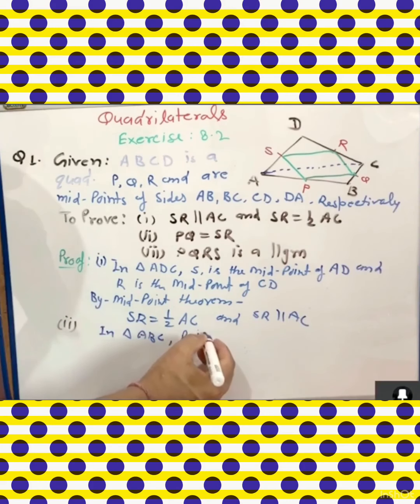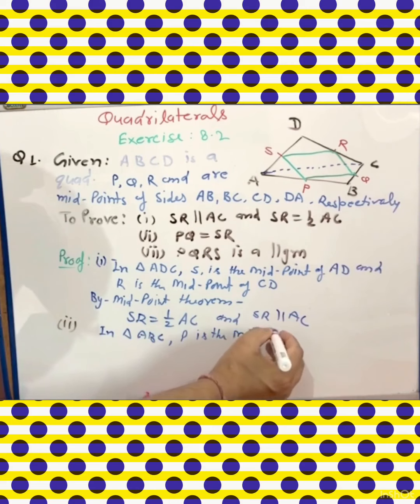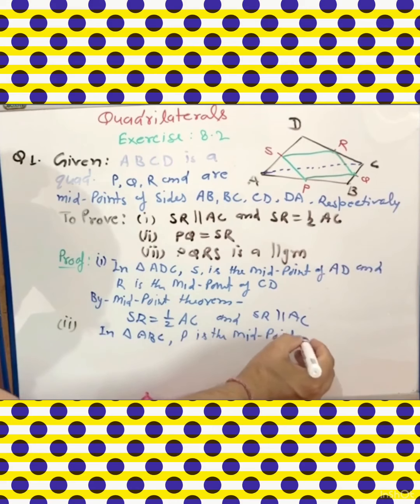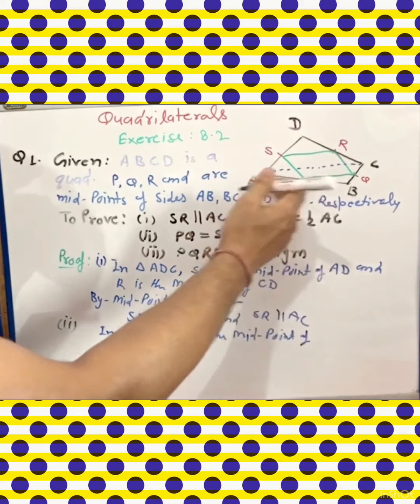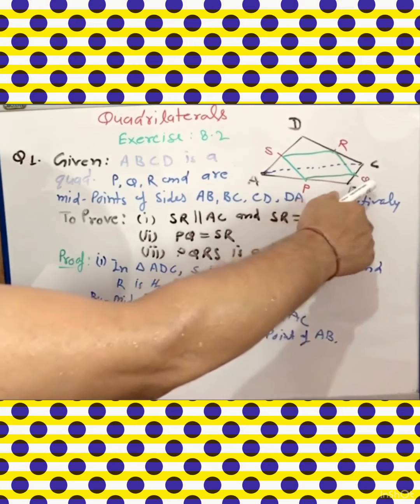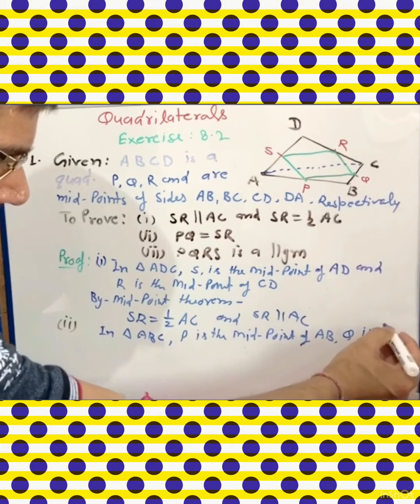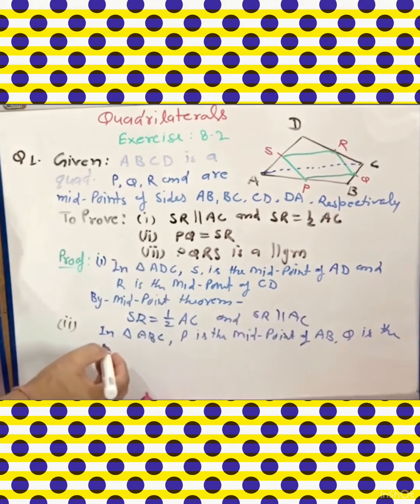P is the midpoint of AB, and after that Q is the midpoint of BC.